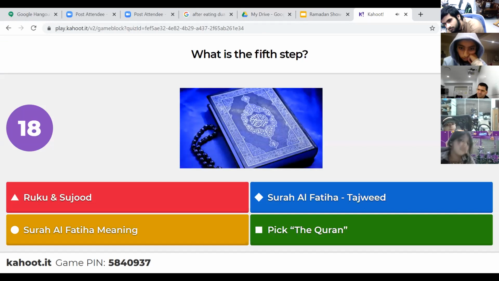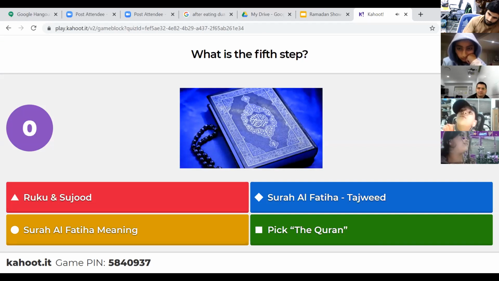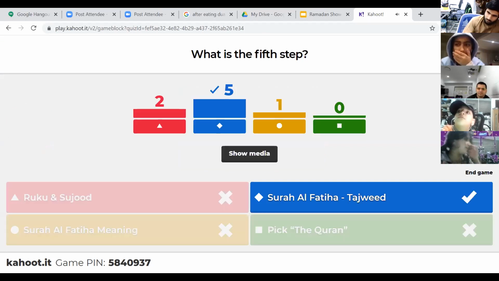So what was after body and breath? Okay, so yes, it is Surah Al-Fatiha, the tajweed part of it. So that's the first part. So Ruku and Sujud come later. I won't tell you exactly when. And also Surah Fatiha comes later.